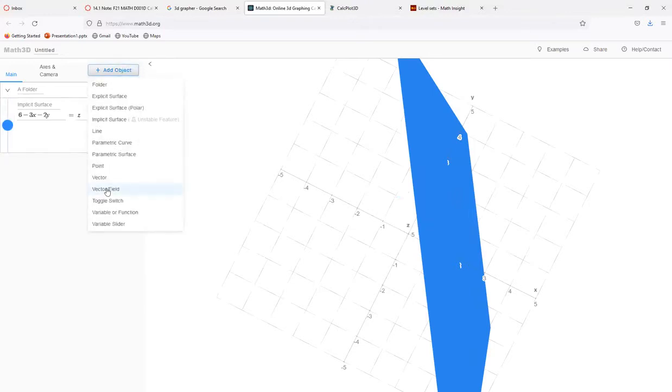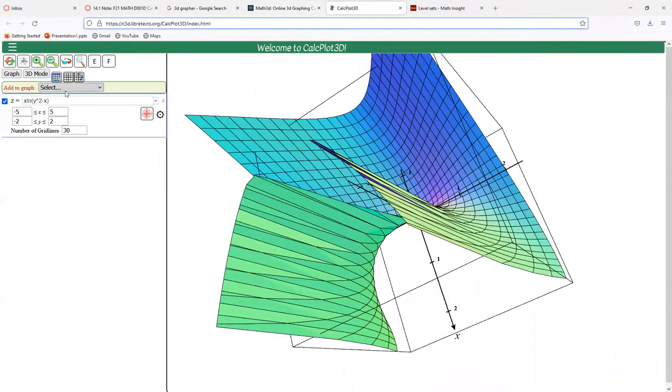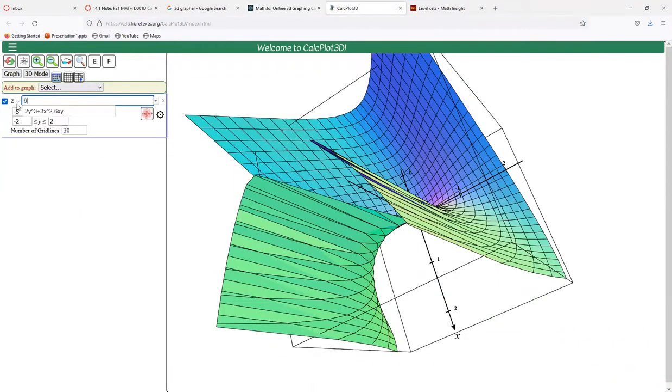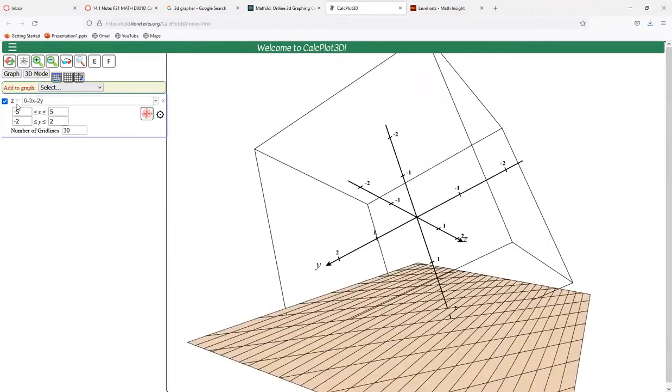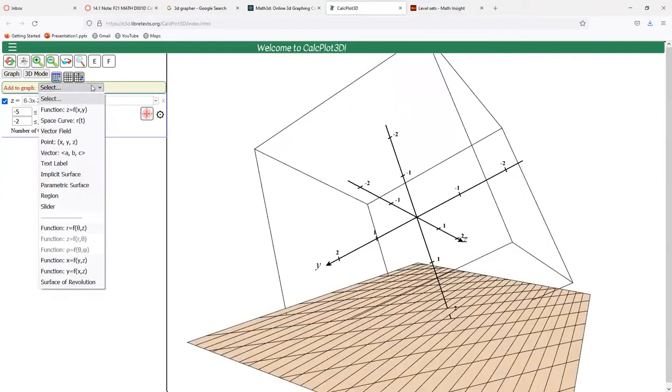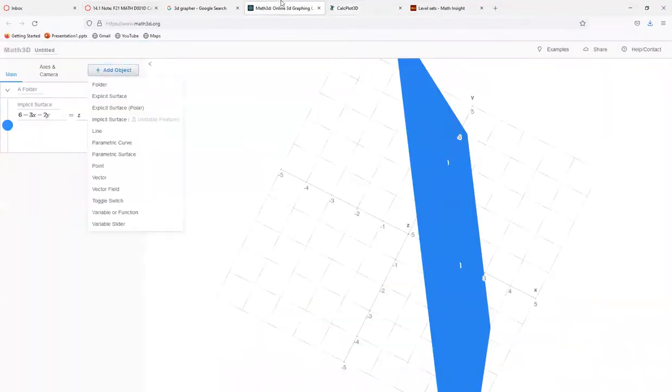Trying to see if you can find a nice function. Maybe this one here is better. I need a 2D function. It doesn't seem to have it.